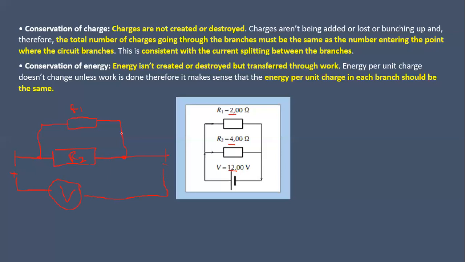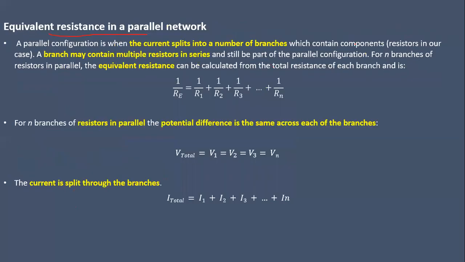So now for parallel, you see they talk a lot about the branches. They say for n number of branches of resistors in parallel, the total resistance can be calculated using this equation.